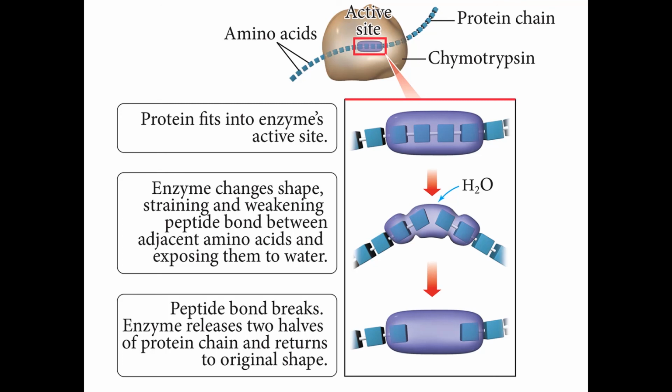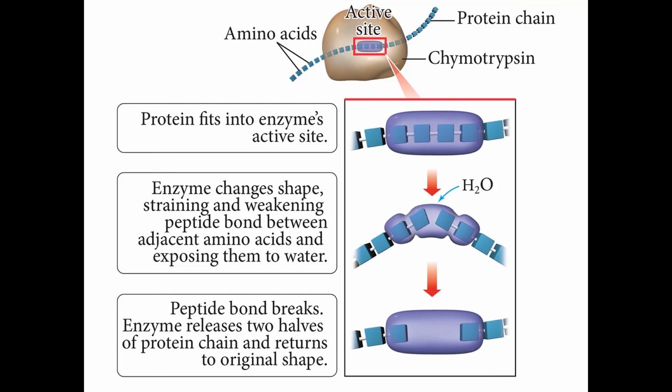Once the enzyme arrives at a place that is recognized by the active site and binds the target protein, the enzyme changes shape, and that strains and weakens the bond, called a peptide bond, between the amino acids in the target protein.